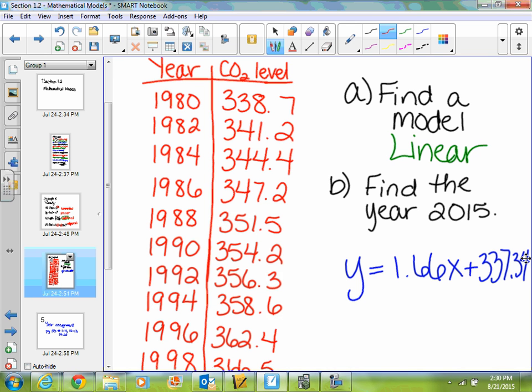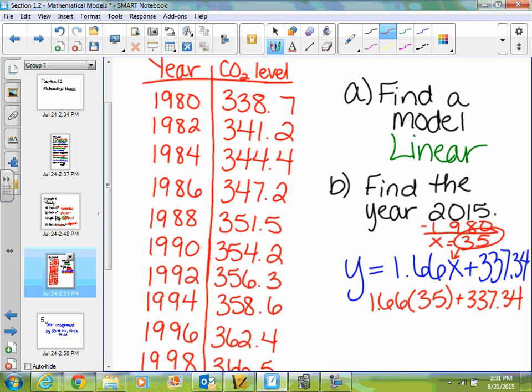And then it wants us to figure out what would happen in the year 2015. And so if 1980 was my 0, then I'm going to subtract 1980 from 2015 to figure out my x. So 35. So 35 is going to be the x value that I'm going to plug into this function to figure out what would happen at year 2015. So 1.66 times 35 plus 337.34.